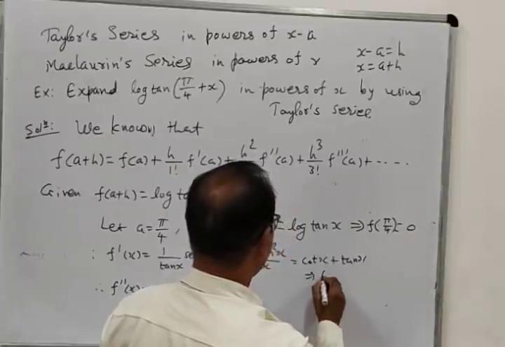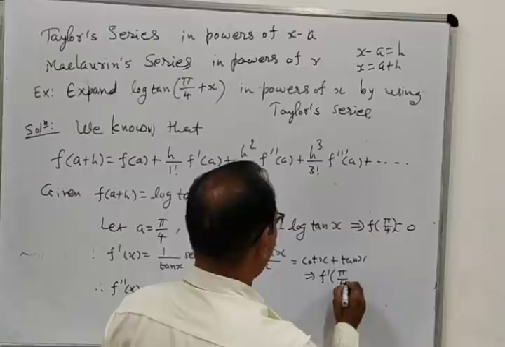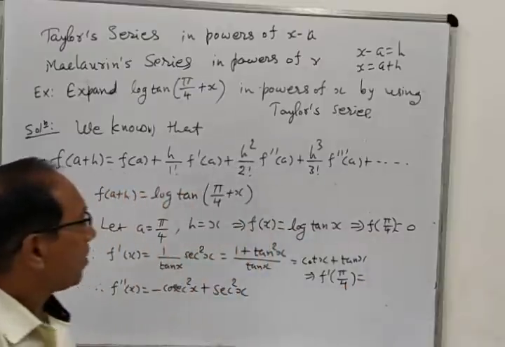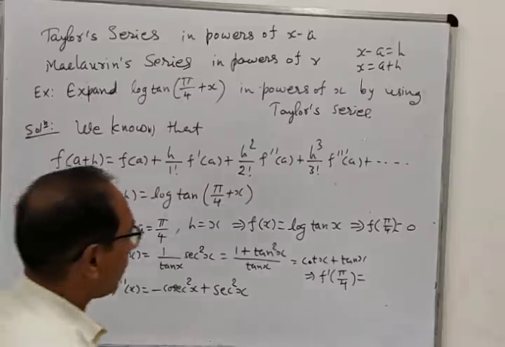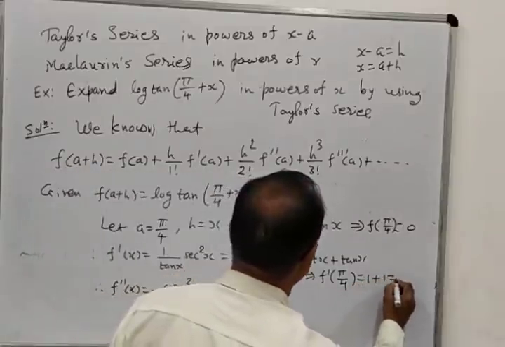Here again, f dash pi by 4 is cot pi by 4 plus tan pi by 4. Cot pi by 4 is again 1, because tan pi by 4 is 1. So what do we get here? The value of f dash pi by 4 equals 1 plus 1, which is 2.